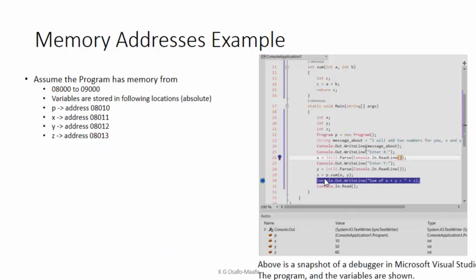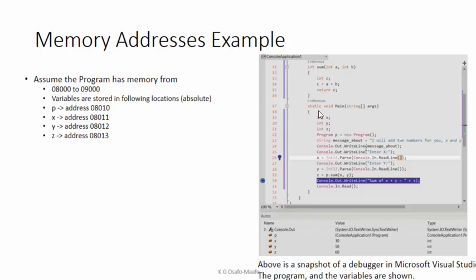Now I compiled, well, this is a small program. It's a function that does an addition, and there is a program that asks a person to enter two numbers, x and y, and that's an addition. And when I use a debugger and I pause this, it says I have four variables, p, x, y, z. X, y are the variables I read from the user, and z is the summation of the two variables.